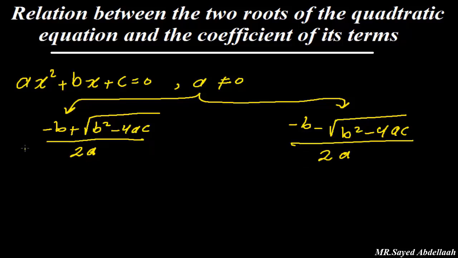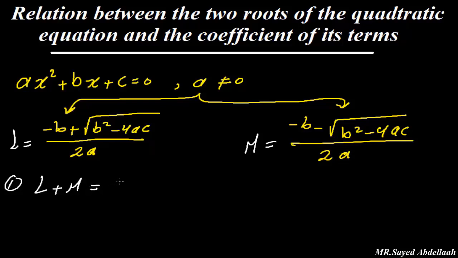Suppose that the first root equals L and the second root equals M. First, the sum of two roots, L plus M.